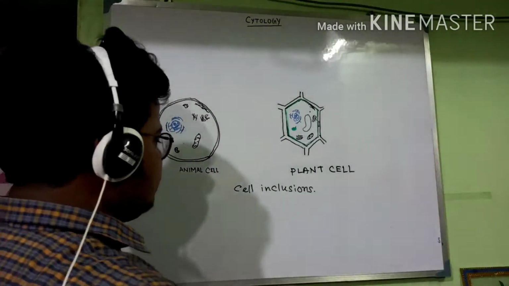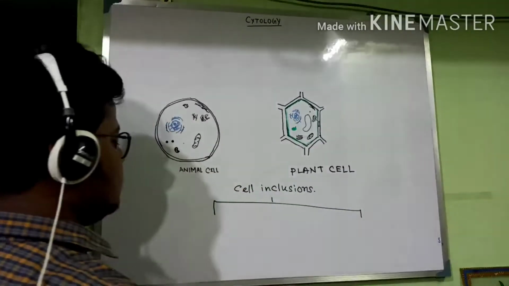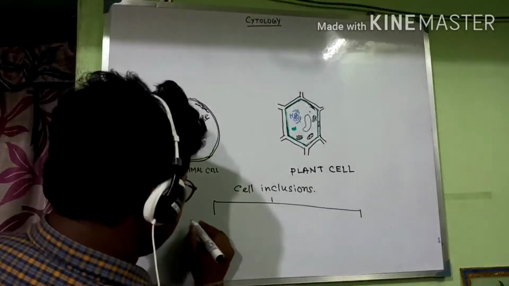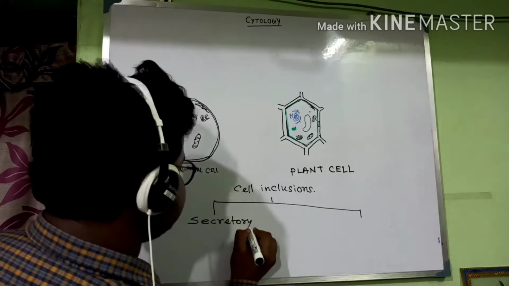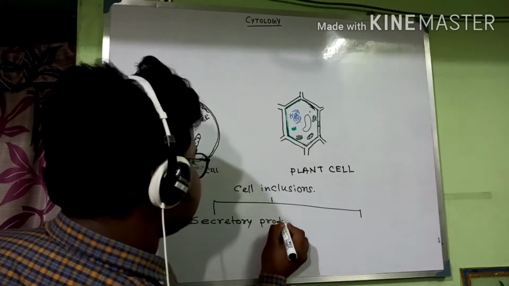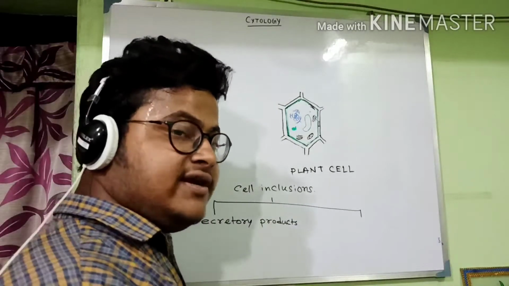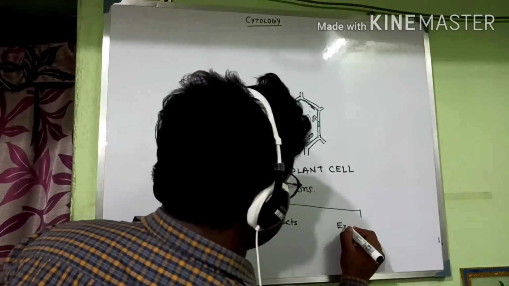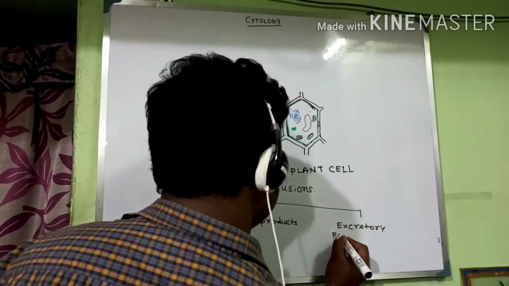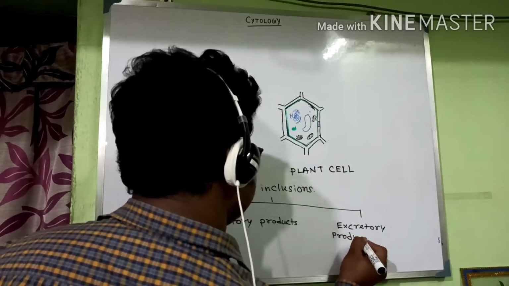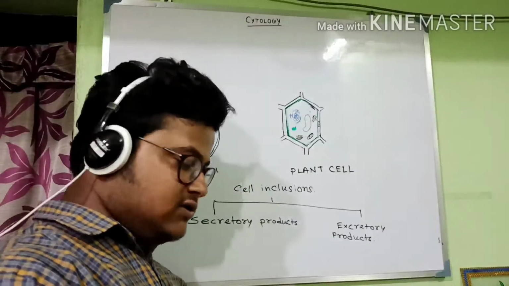If we classify the cell inclusions, we can get, first, secretory products, and the excretory products. What is the difference between the secretory and the excretory products?